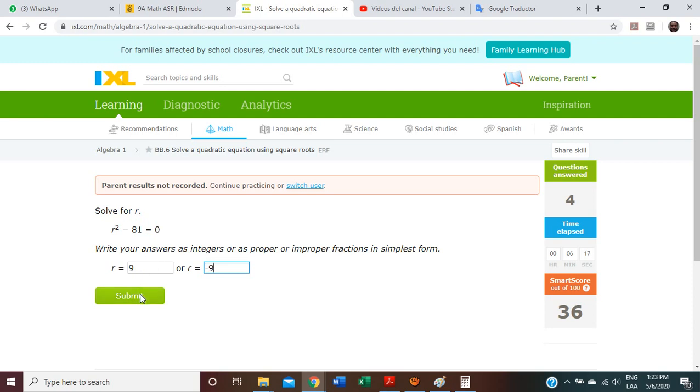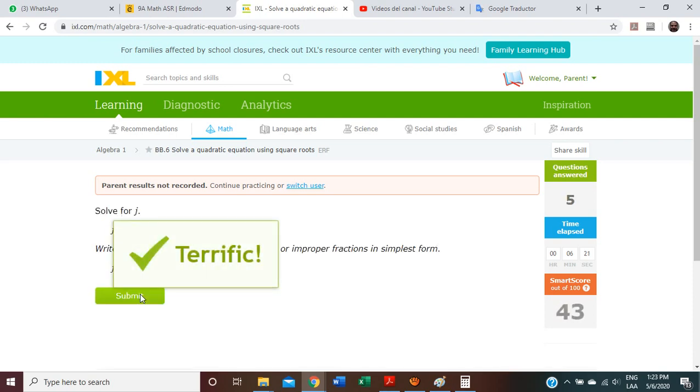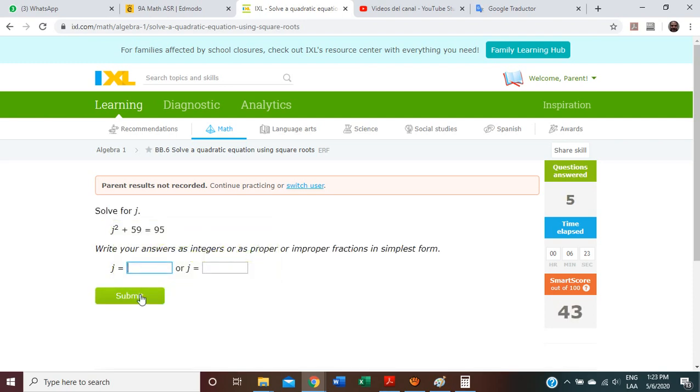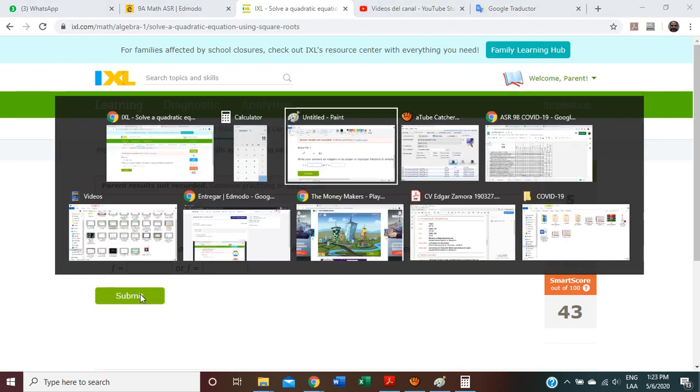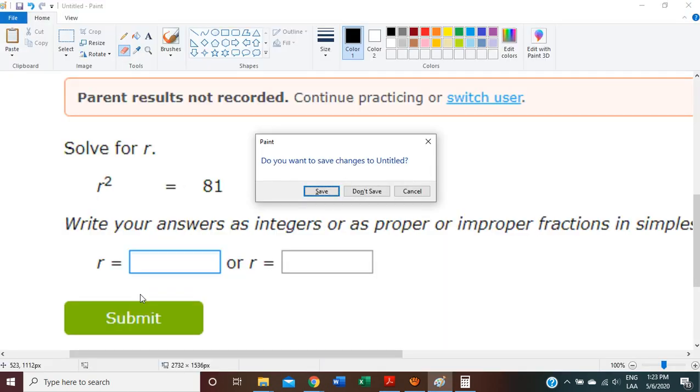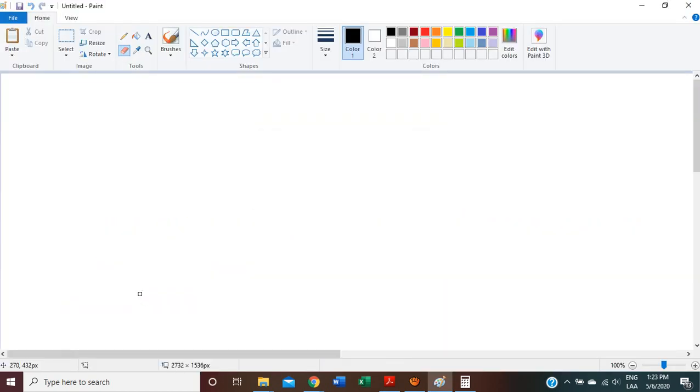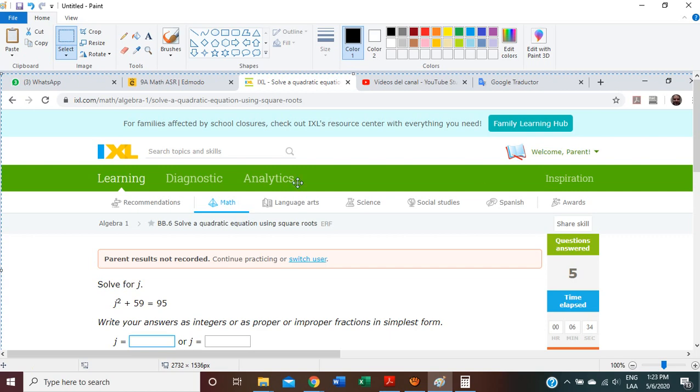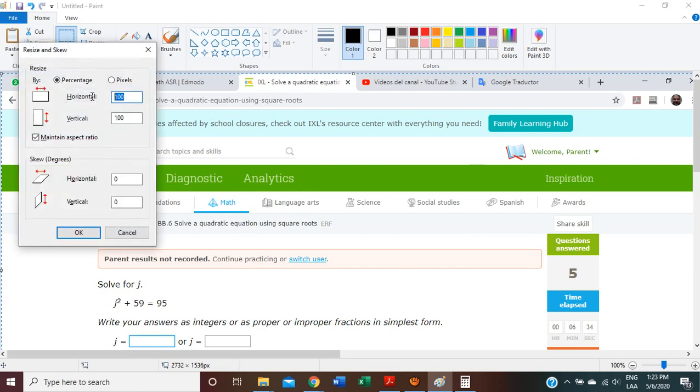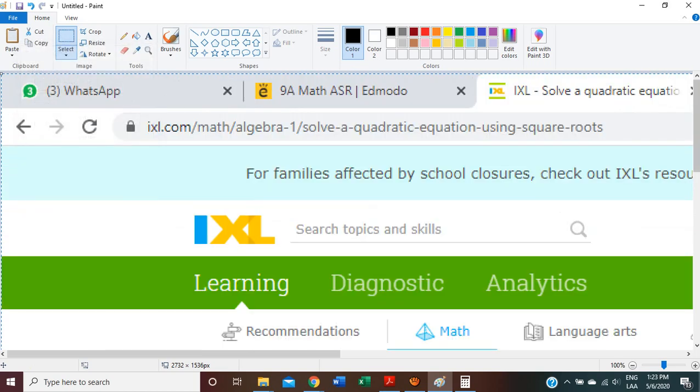Let me check if there are any other complicated ones. Okay, yes. j squared plus 59 equals 95. This one is also kind of simple. Let me print the screen. All right, now we are ready.